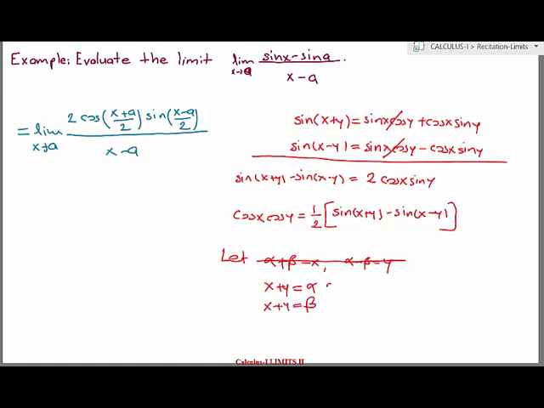If we solve this system, we have x is equal to alpha plus beta over 2 and y is alpha minus beta over 2. If we plug these two values in this equality, we have this expression.